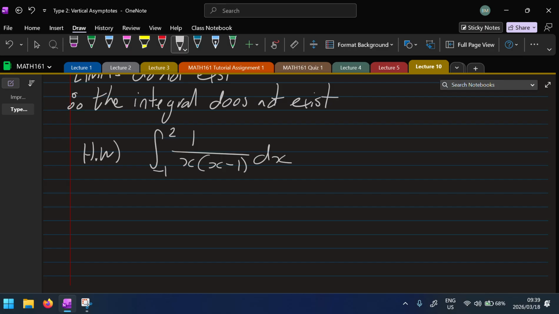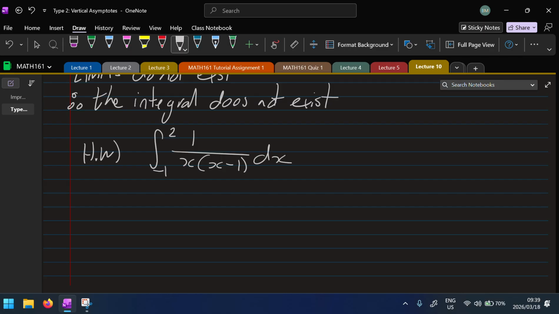So where are the asymptotes for that? There are 2. x equals 0, x equals 1. Are those asymptotes included in the bounds? Yes. 0 is between minus 1 and 2. 1 is also between minus 1 and 2.